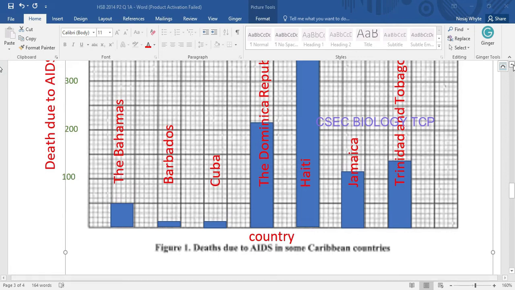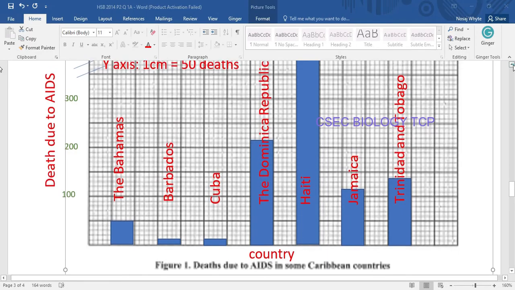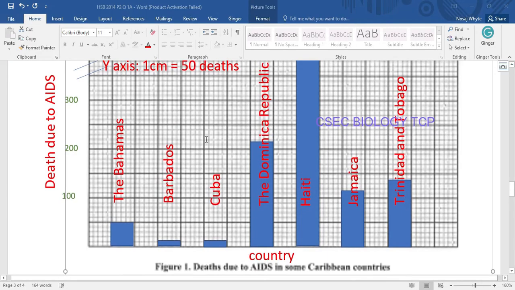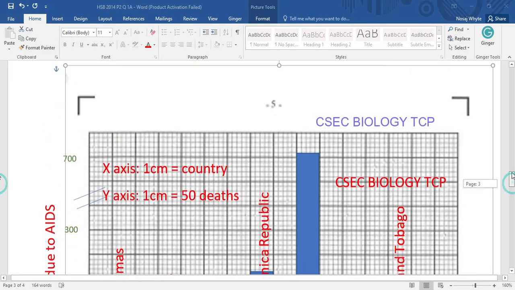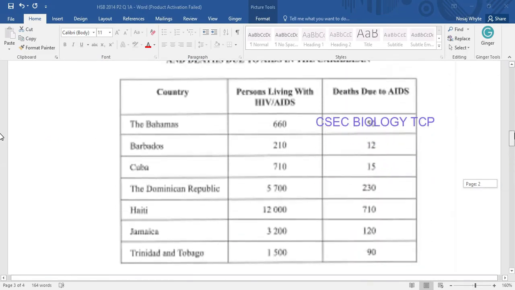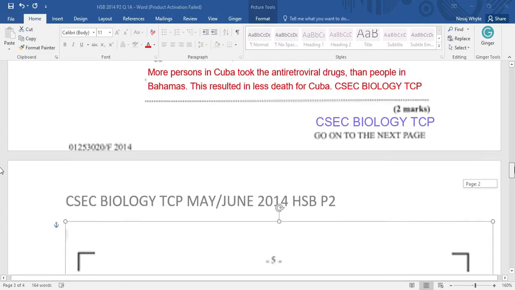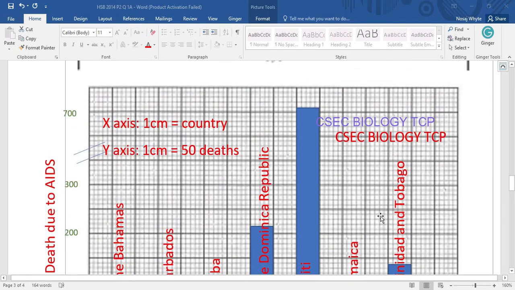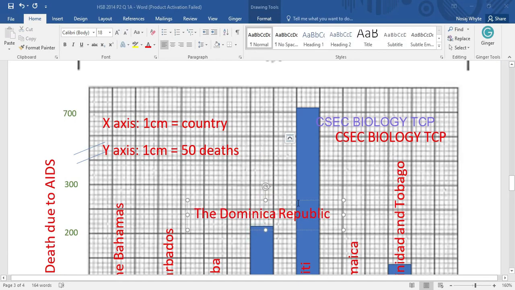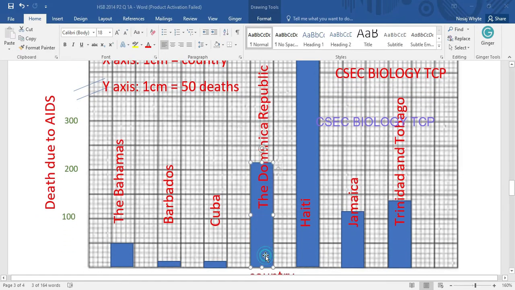And then we move on over to the Dominican Republic, and here, let us look at that. For the Dominican Republic, we had 230. So definitely we want to pull this line up to 30. We want to get this blue line up to 30.